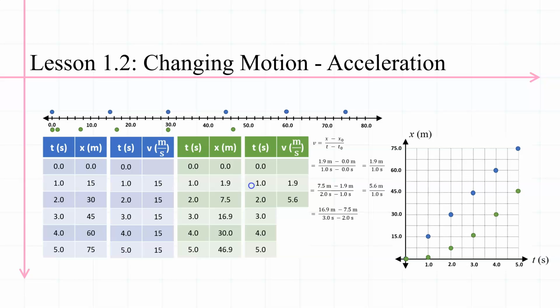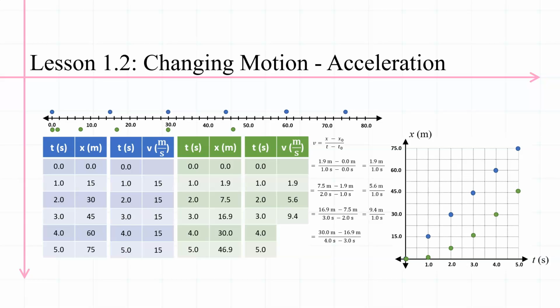I'll plug in the next set of data. There I went from 7.5 meters to 16.9 meters between the second and third second, so from 2 to 3 seconds. That's a 1 second time interval, right? And 9.4 meters traveled, that gives me 9.4 meters per second.